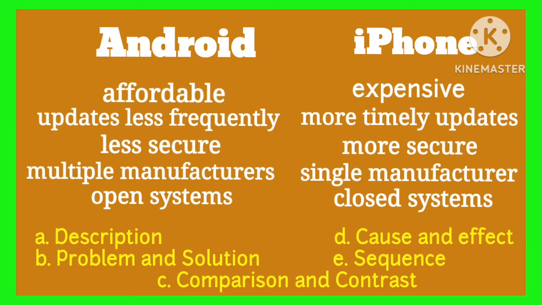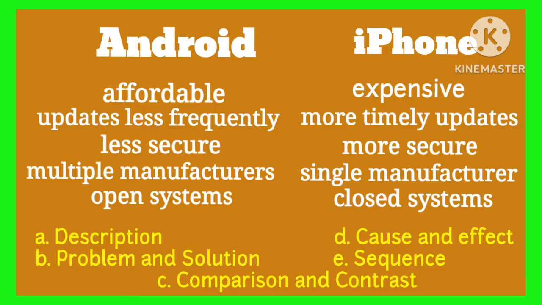Android phone and iPhone. Android phone: affordable, updates less frequently, less secure, multiple manufacturers, open systems. iPhone: expensive, more timely updates, more secure, single manufacturer, closed systems.